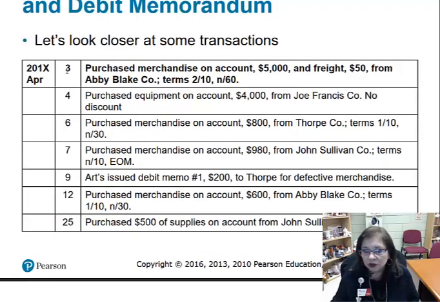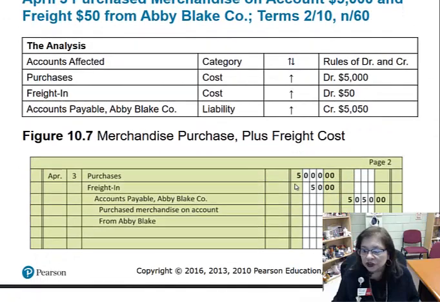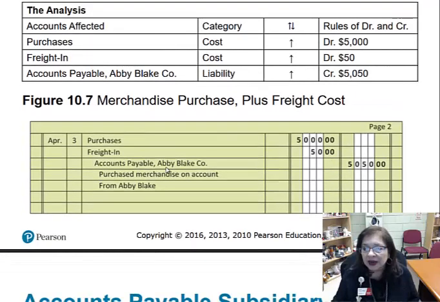We purchased that amount of money, freight in, that's an account, how much it cost. Then accounts payable to Abby Blake Company, because we owe them for everything, not just freight, but also the purchase. In accounts payable, we owe them the entire $5,550. Purchase made on account from Abby Blake.